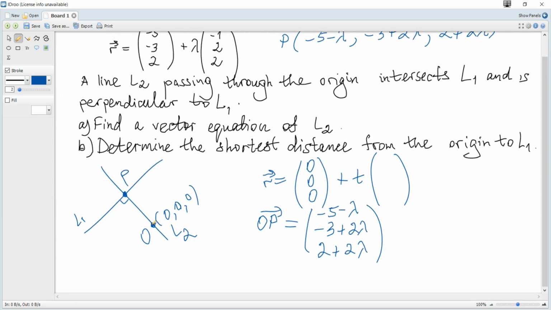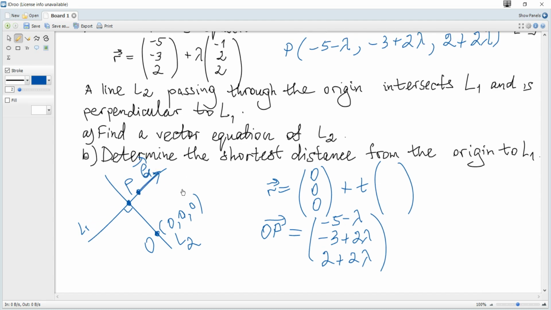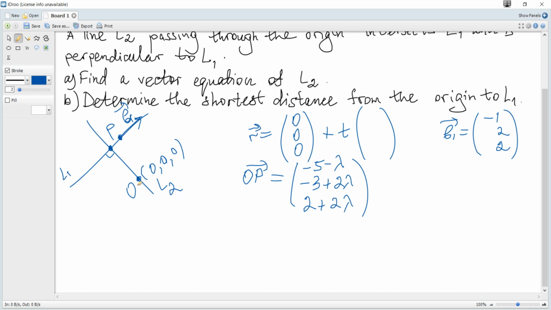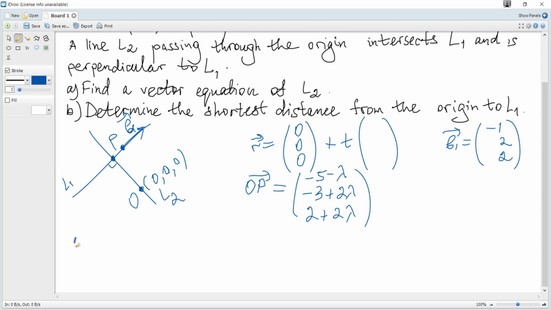We know that OP is perpendicular to the line L1, and line L1 has direction vector, let it be B1, with coordinates -1, 2, 2. Vector OP is perpendicular to vector B1, and if two vectors are perpendicular, their dot product is equal to 0. So we consider the dot product equal to 0 and solve for lambda.